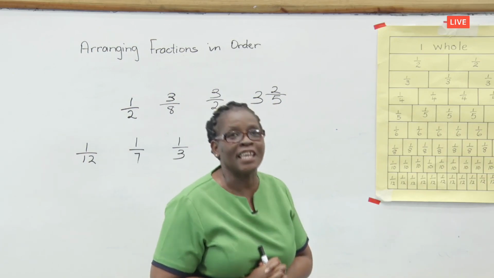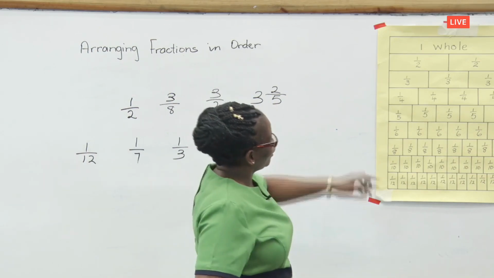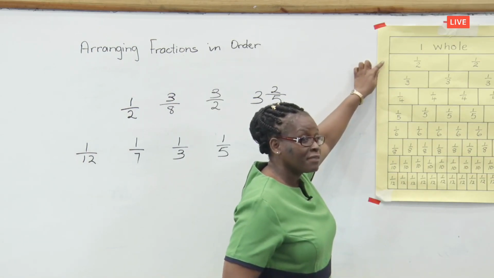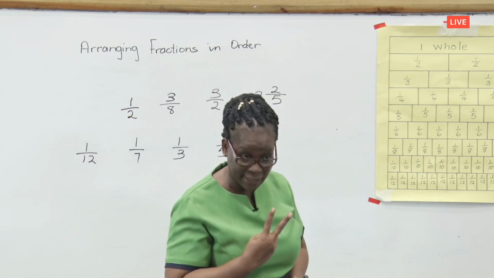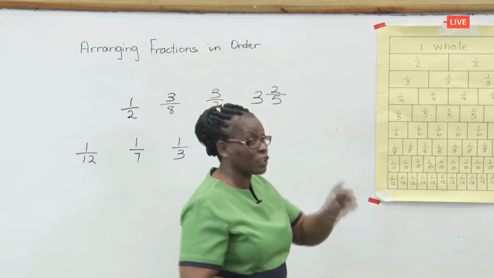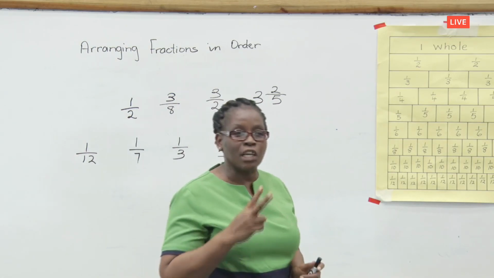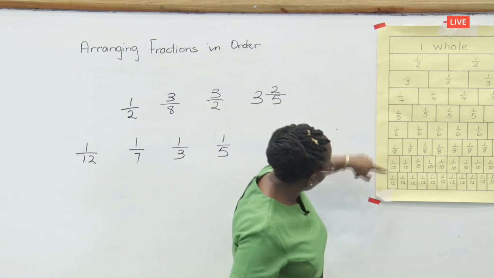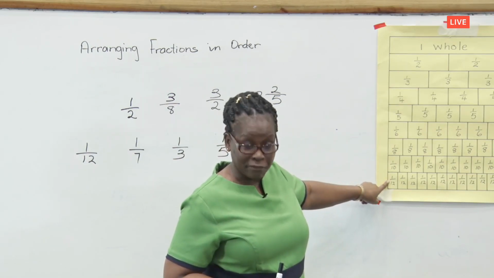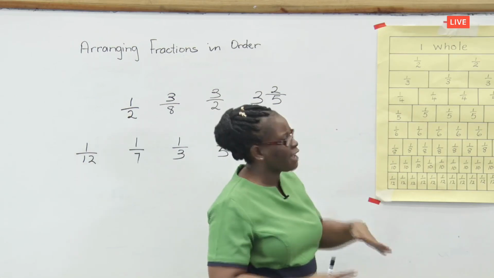And all the wholes are the same size. So let's look at 1/2. That means our whole is divided into 2 parts. Anytime we hear the word half, it means that we are talking about 2 parts. And here we have 1/12.